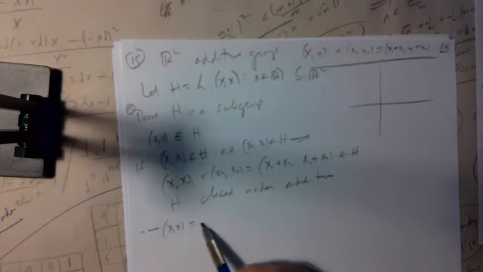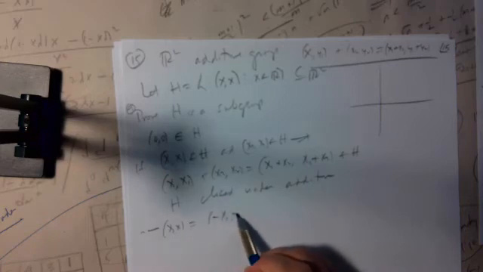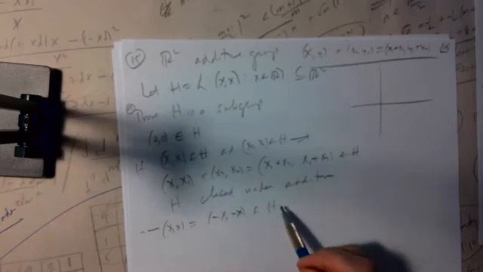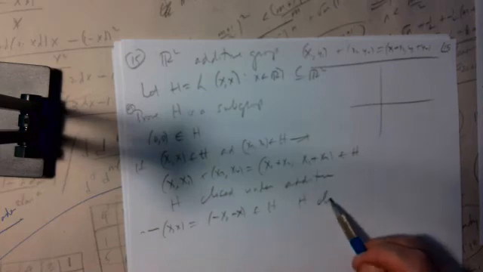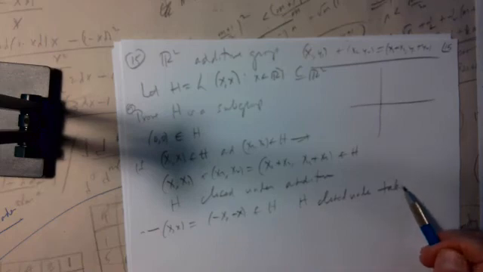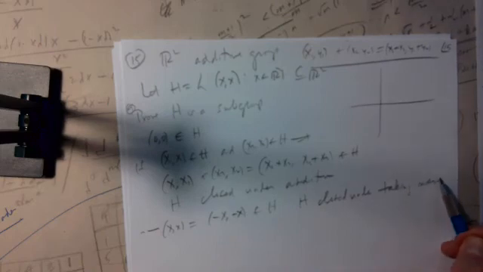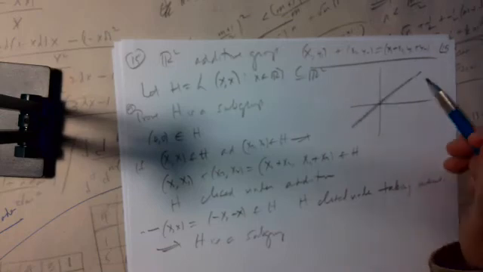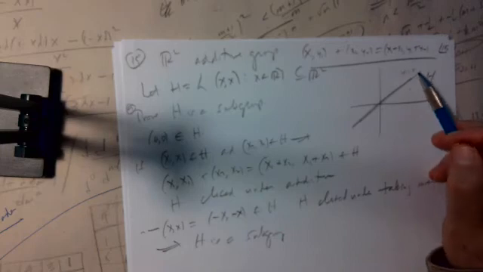And if I take the vector x, x, its inverse is minus x comma minus x, which is also in H. So H is closed under taking inverses. Therefore, H is a subgroup. If you want to draw a picture of it, that's H. It's just the line y equals x in the plane. That's a subgroup.